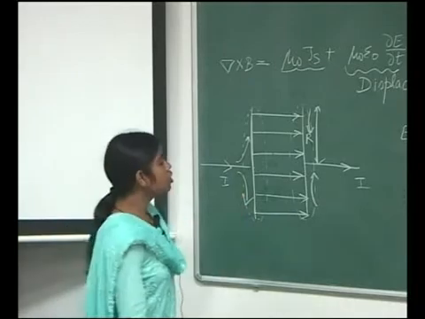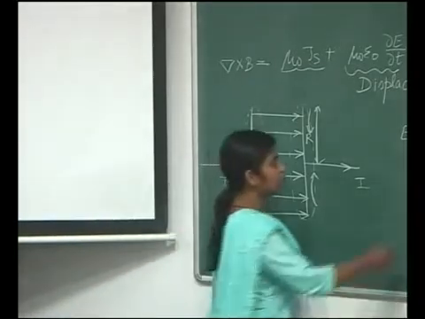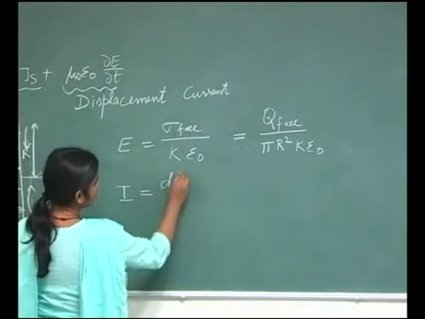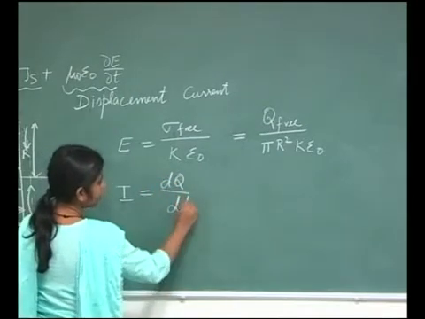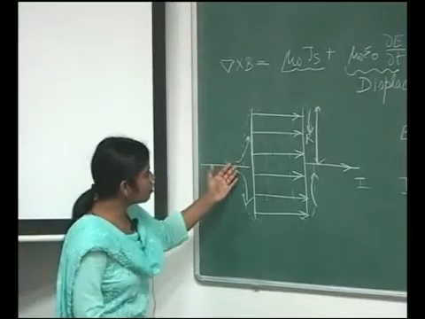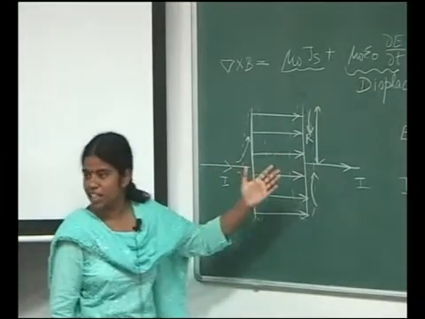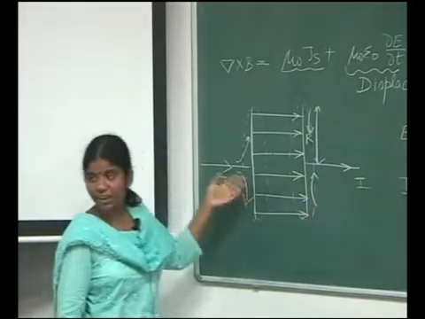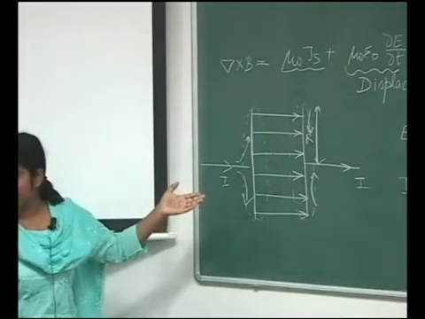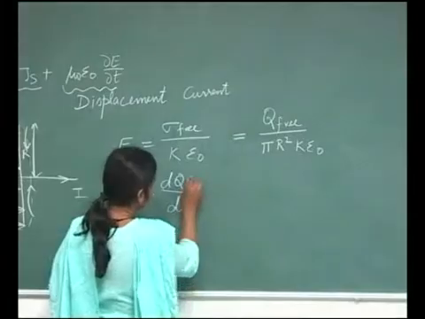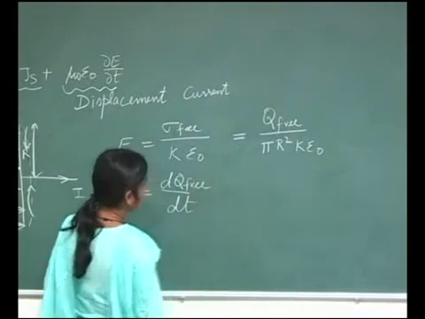Okay. So, I know that current I is equal to dq by dt. If current is coming from here to here and the strength of the current is the same, definitely that current is because of the free charge carriers that are available inside the capacitor. Okay. So, I can say that this is equal to dq free by dt.